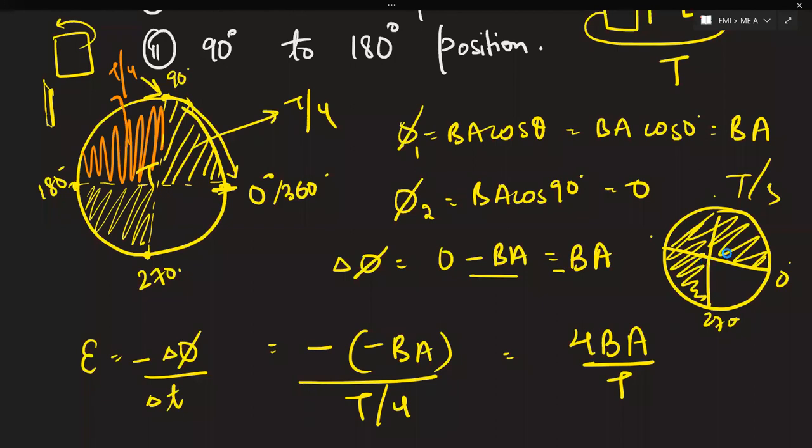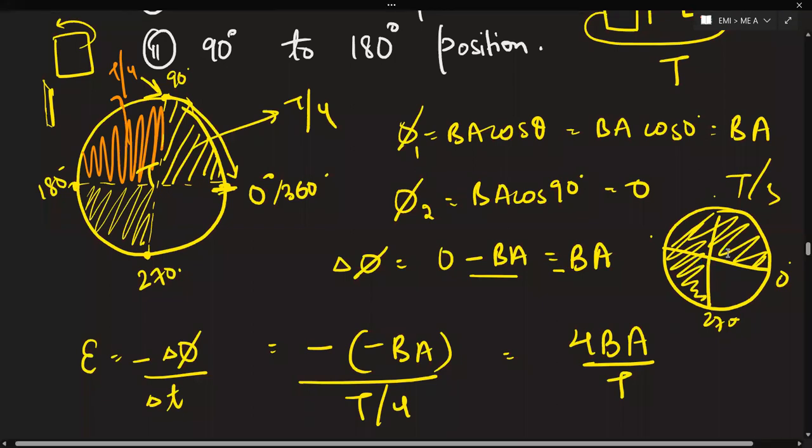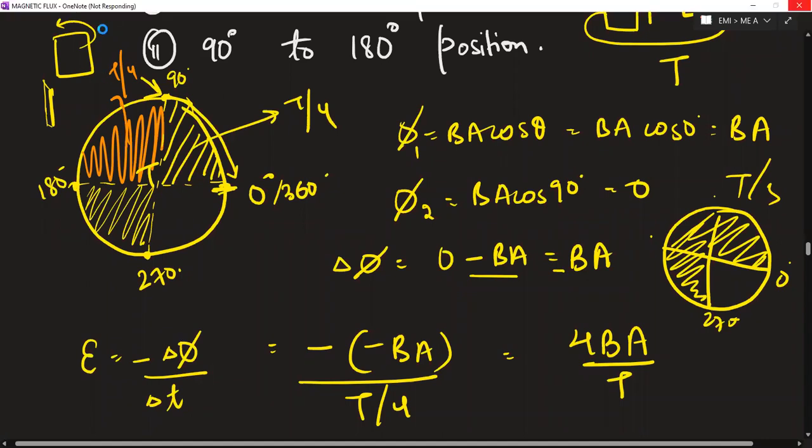So this time period will become 3T by 4. Like this you have to choose. Any modification can be given: 90 degree to 270 degree, 270 degree to 360 degree, from 0 to 270, 0 to 180, 180 to 360. Anything can be given. The formula of EMF will be minus d phi over dt only.